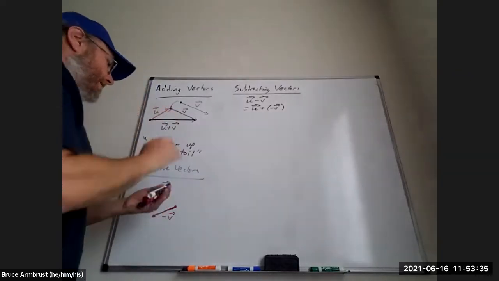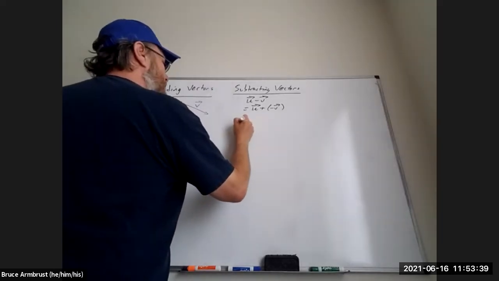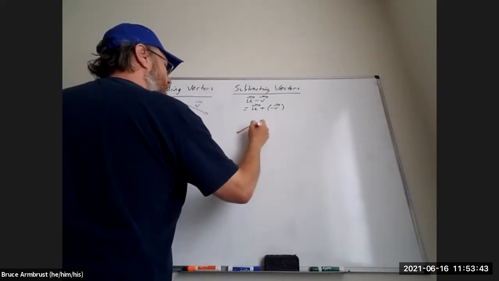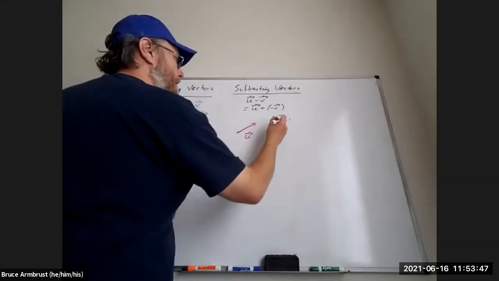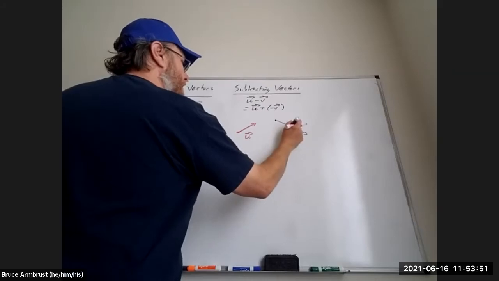So let's take these same two vectors and let's do u plus negative v. So this was u. And this was v.